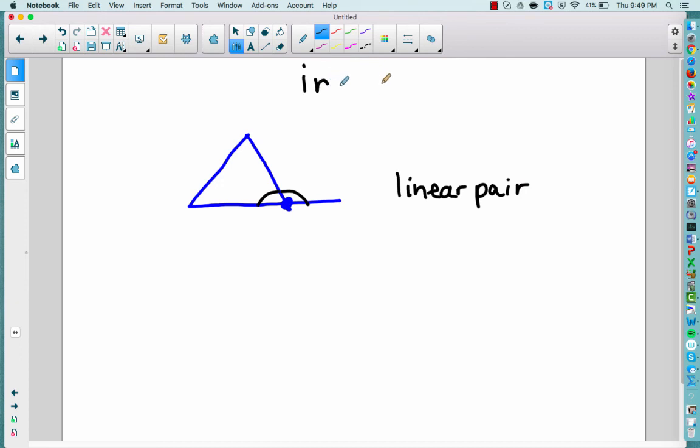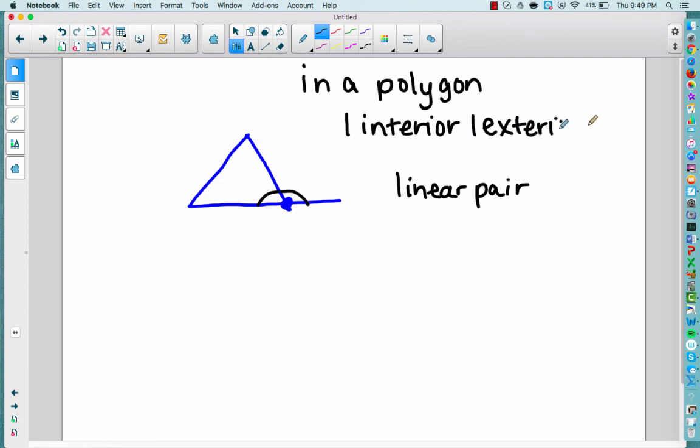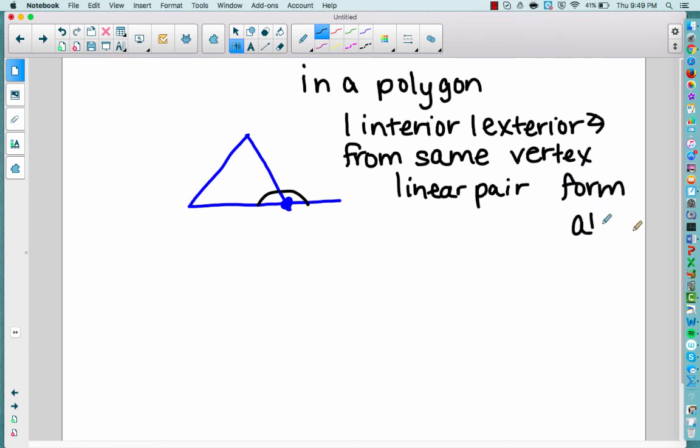So in a polygon, one interior and one exterior angle from the same vertex form a linear pair. This concept can actually help us find the number of sides. We can use the exterior angle anytime we want to find the number of sides.